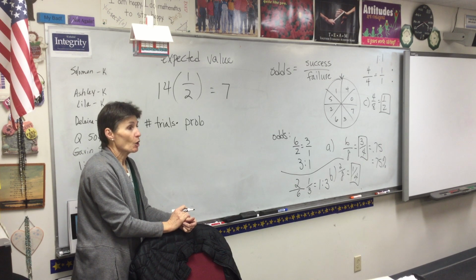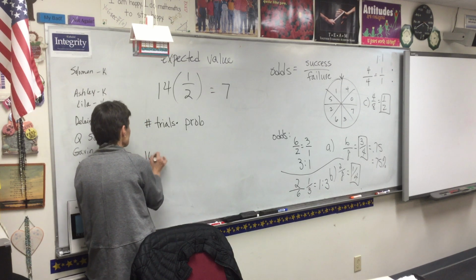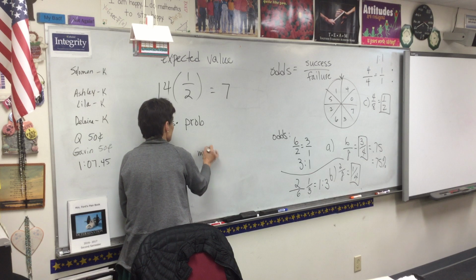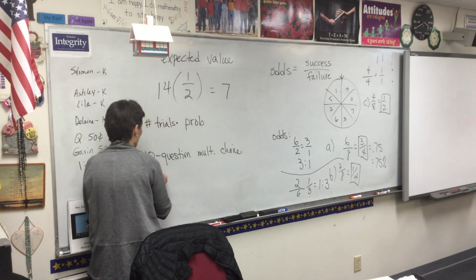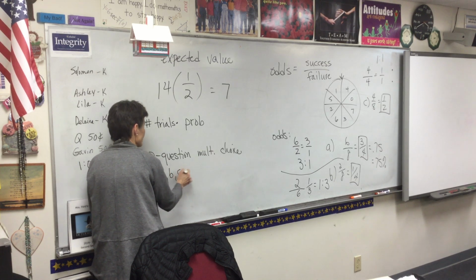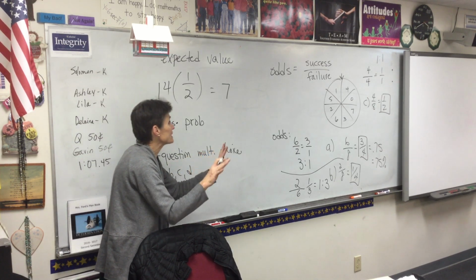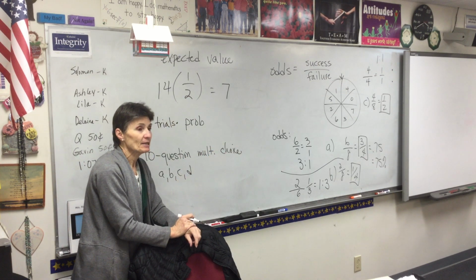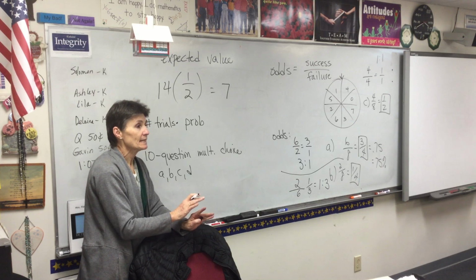Okay? So here's another example. Let's say you take a 10-question multiple choice quiz, and there are A, B, C, D choices on the quiz. You randomly guess. How many can you expect to get right just from randomly guessing?